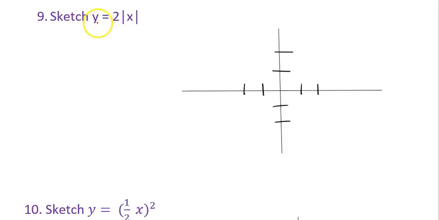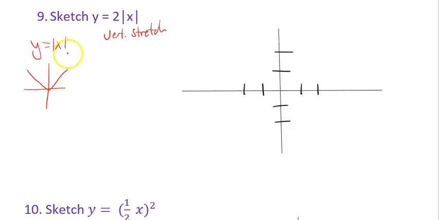Okay, here we're sketching y equals 2 absolute value of x, and we're using that original function y equals absolute value of x, which was our perfect V shape. The 2 on the outside, because it's on the outside, means it's a vertical change, and that would stretch it, so vertical stretch. In order to do that on a graph like this, you have to know some of the original points.